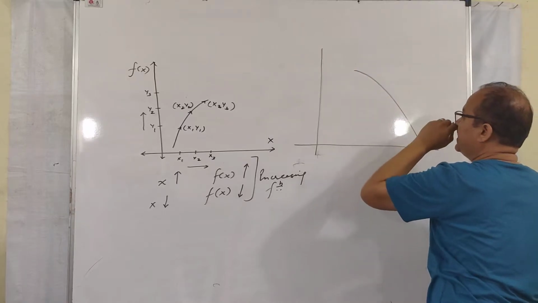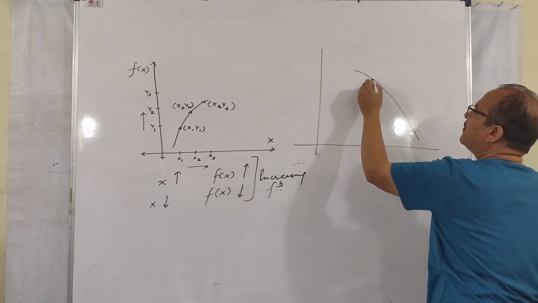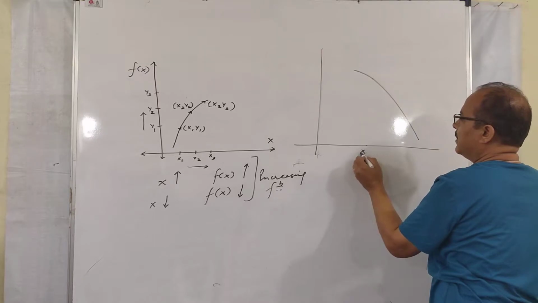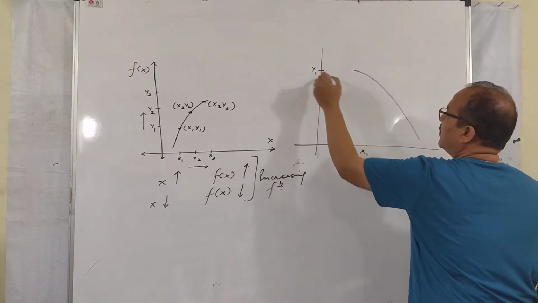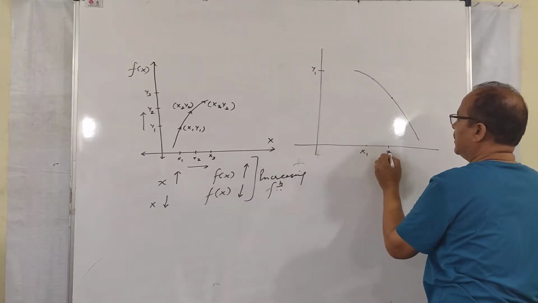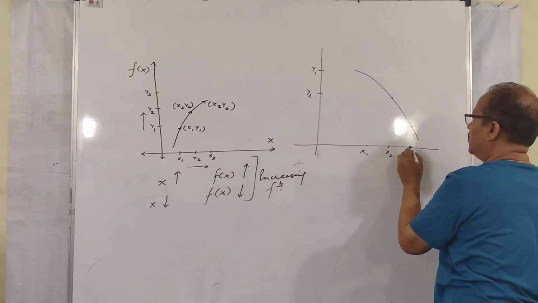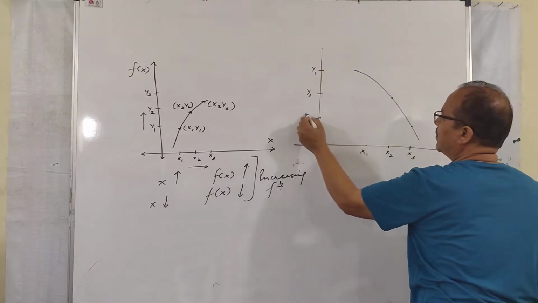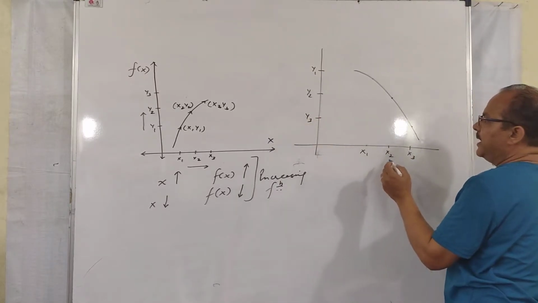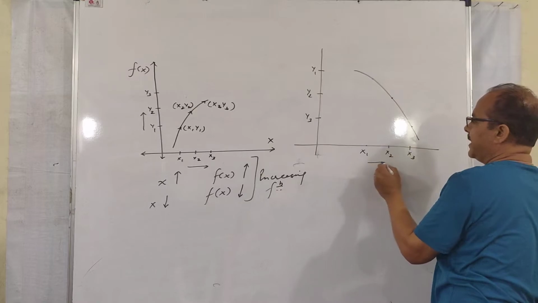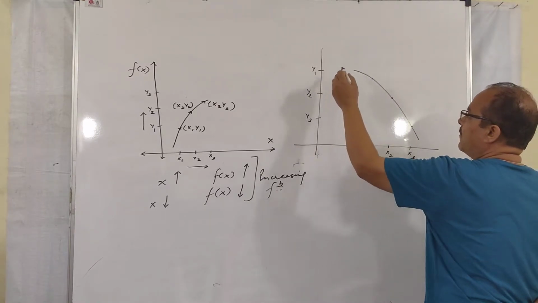when we talk about these types of functions, for example, if you take x1, y1, x2, y2, x3, y3. What we are seeing here? We are seeing that when x increases, the value of y क्या हो रही है?